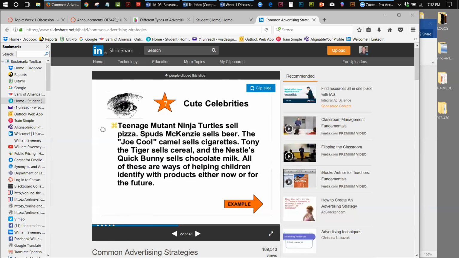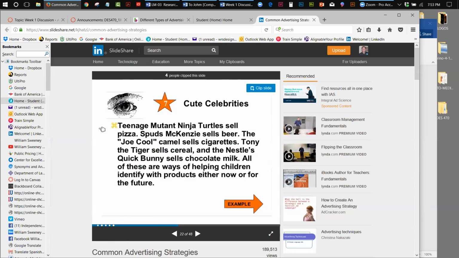There's the Jolly Green Giant. But these characters, Tony the Tiger is a celebrity that was developed by the cereal company. The Nestle Bunny is Nestle's chocolate. That's who developed these. All of them are helping the children to identify the product either now or for the future.